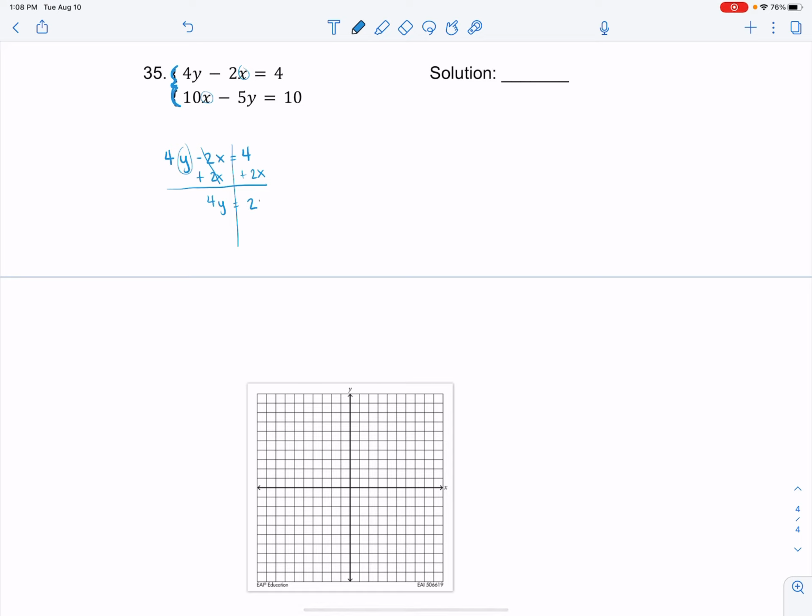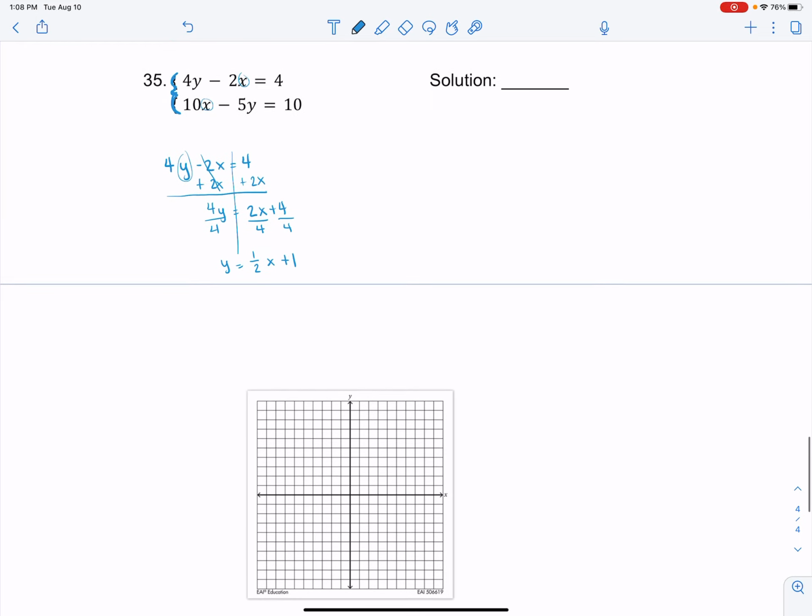So I'm going to keep the 2x and the +4. Now divide everything by 4. So y equals 2 over 4, which is the same as 1/2 x, and 4 over 4 is the same as 1 whole. Okay, now that is written y equals mx plus b.